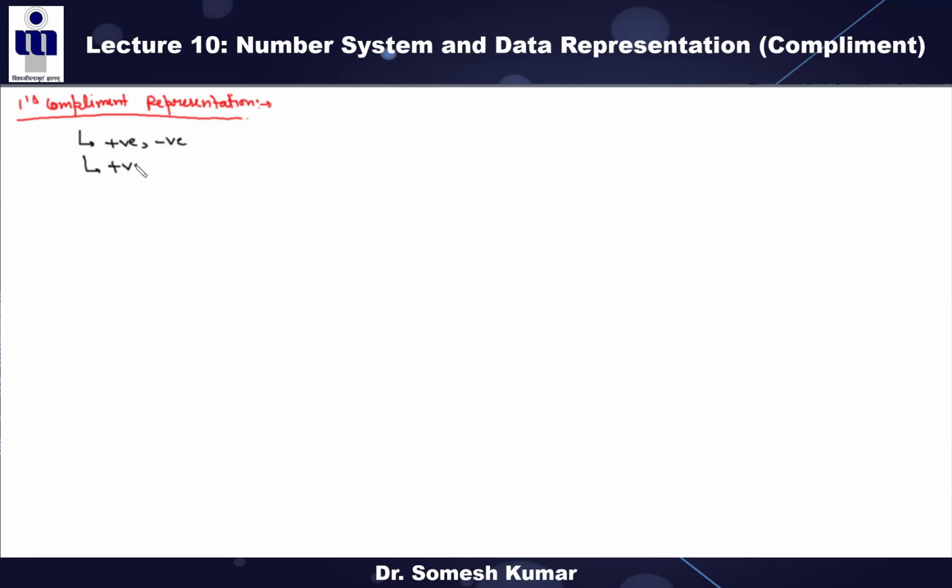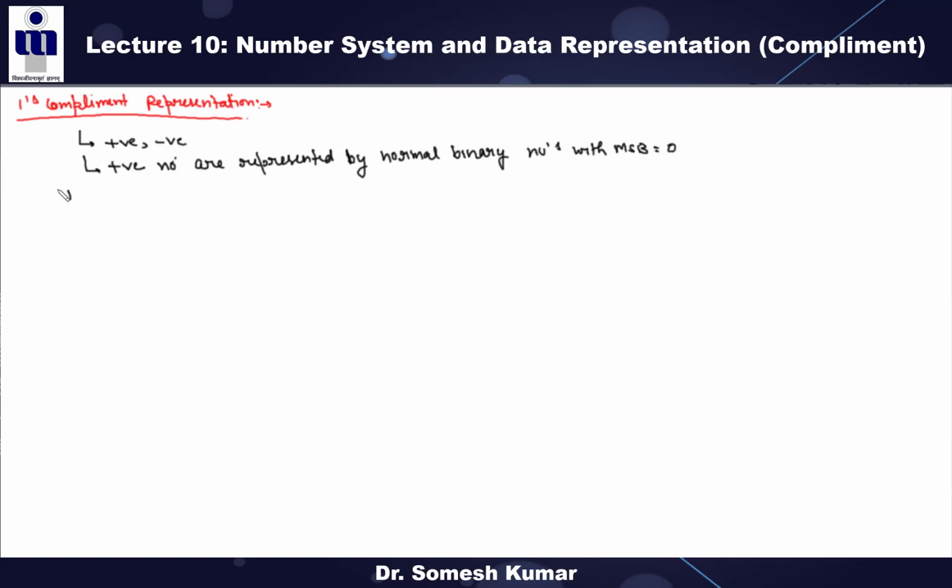In this representation, positive numbers are represented as normal binary numbers with MSB 0. This is an important thing you have to remember. Only for the negative numbers we have to take the 1s complement, right?